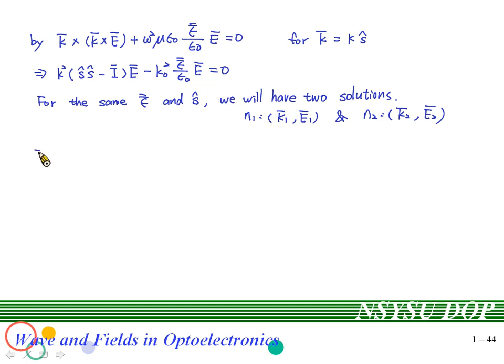So we can obtain K1 squared times (S hat minus I matrix, the unit matrix) times E1 minus K0 squared epsilon tensor over epsilon 0 times E1 is 0. And the second solution also satisfies this equation, so we can write it in the same way.